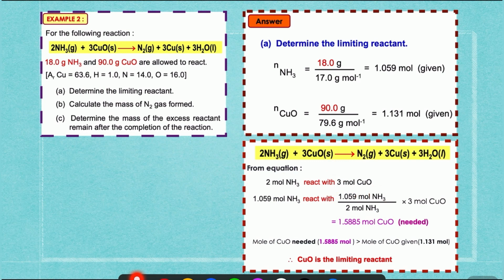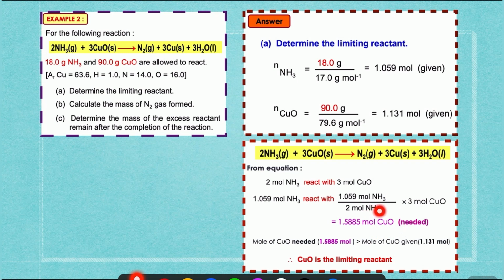Given moles of ammonia here is 1.059 mole, it will react with how many moles of copper oxide?